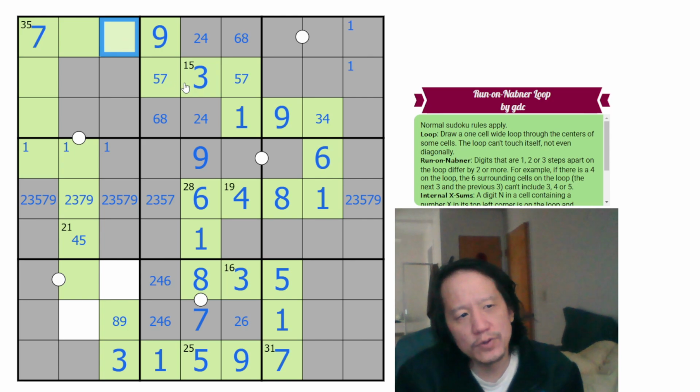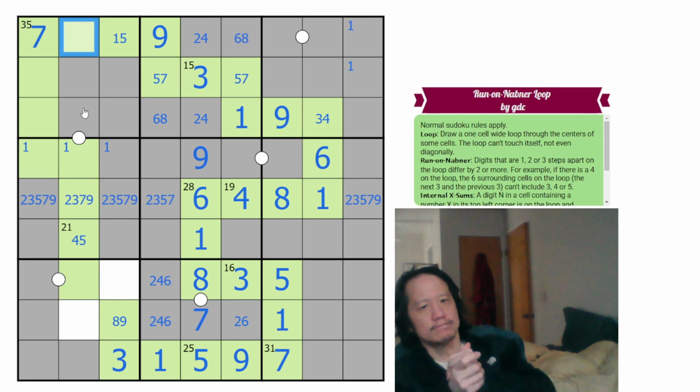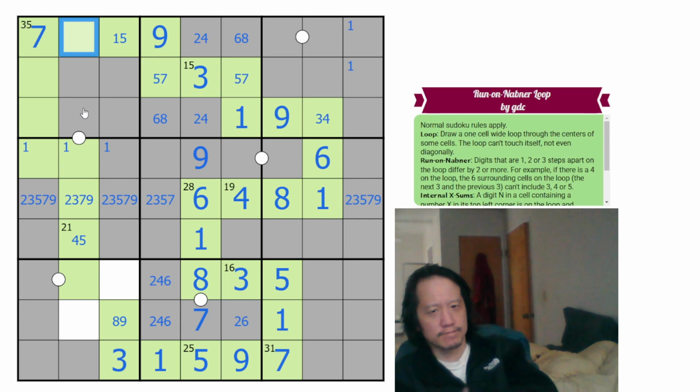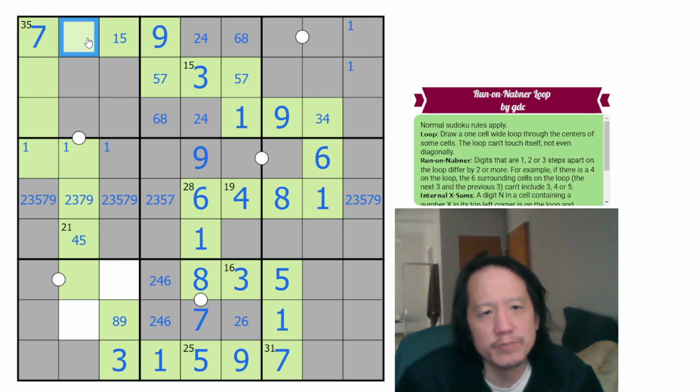It cannot be 2, 3, or 4. So this is 1 or 5. This one could be, it cannot be 6 through 9, but it could be any of 1 through 5.